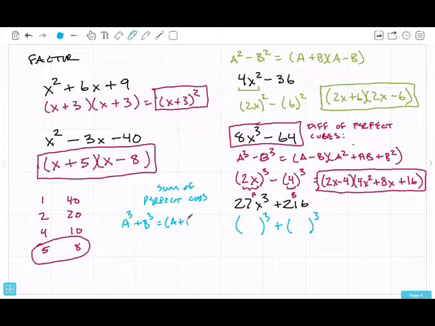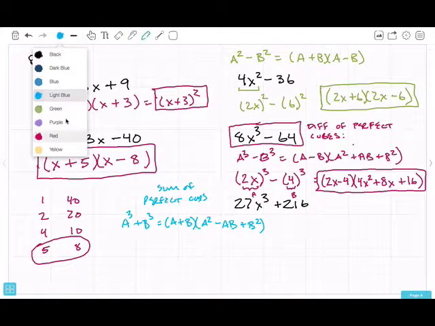A plus b is in the first group. I'll erase this right here. A squared minus ab plus b squared. Okay? Highlight the difference between the rules.